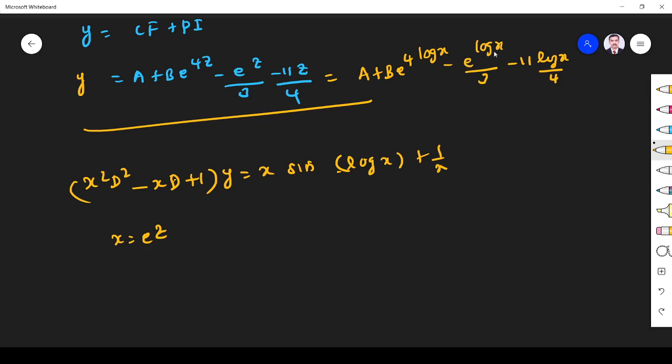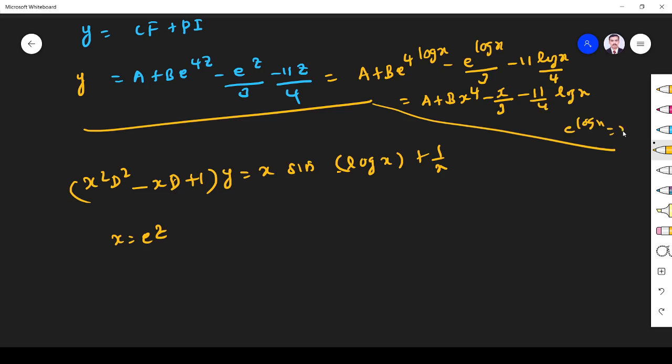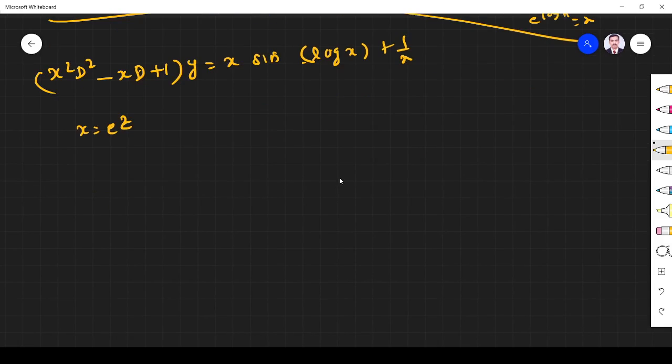That's very, very important. So a plus b e power log x is nothing but x, so x power 3 minus 11 by 4 log x, right? So like that we have to solve. e power log x is equal to x. Okay, now we solve this problem because we know the answer must be in x.